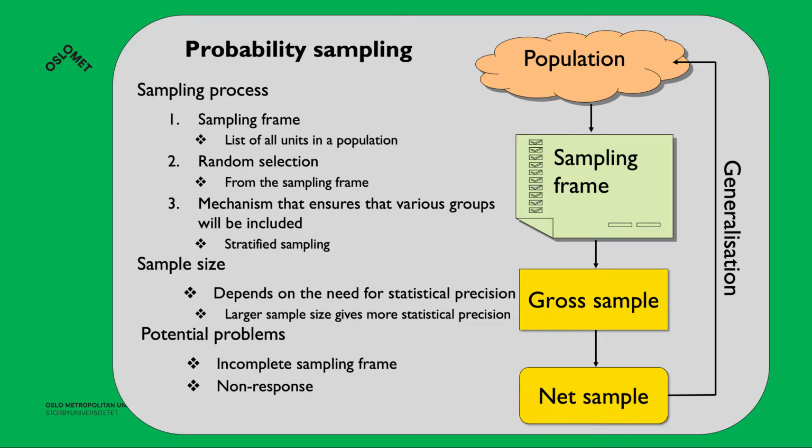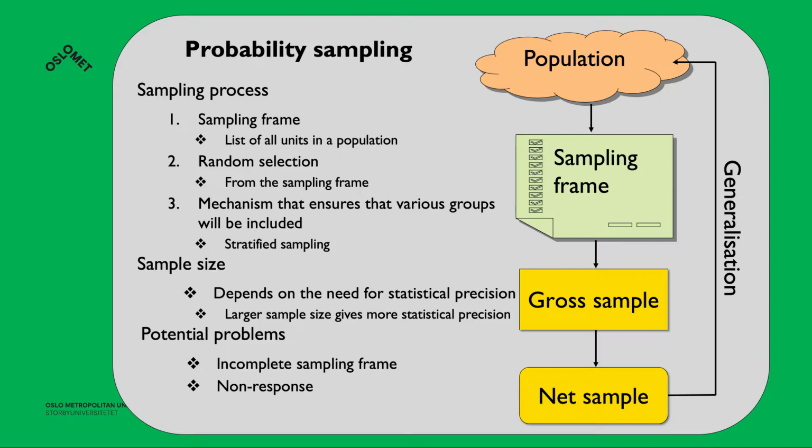The estimates that we make are less uncertain, in the sense that if we do estimations on a smaller sample, these estimations will be more uncertain. For example, an estimation on the trust level in Norway, if it's a very small sample, our estimation of the level of trust will be less precise, so to speak.